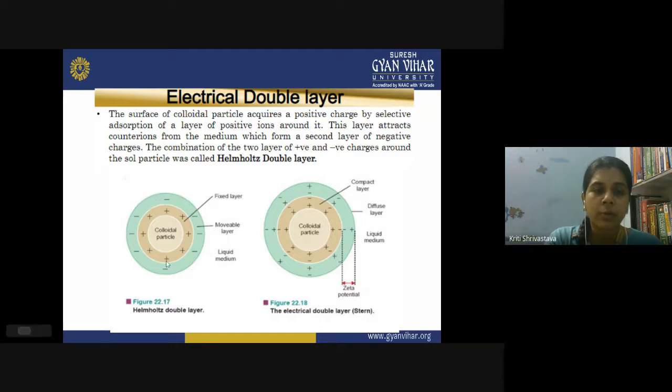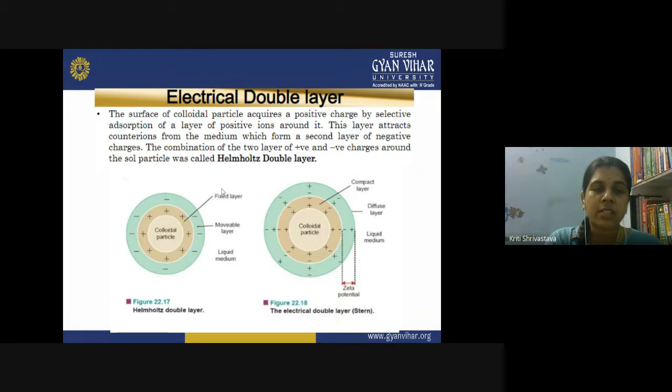So up to this point, the layer is called Helmholtz double layer. So in the Helmholtz double layer, what are the different constituents? At the center, I have a colloidal particle. Around this colloidal particle, the positively charged ions, they are adsorbed over the surface. So this is a fixed layer.